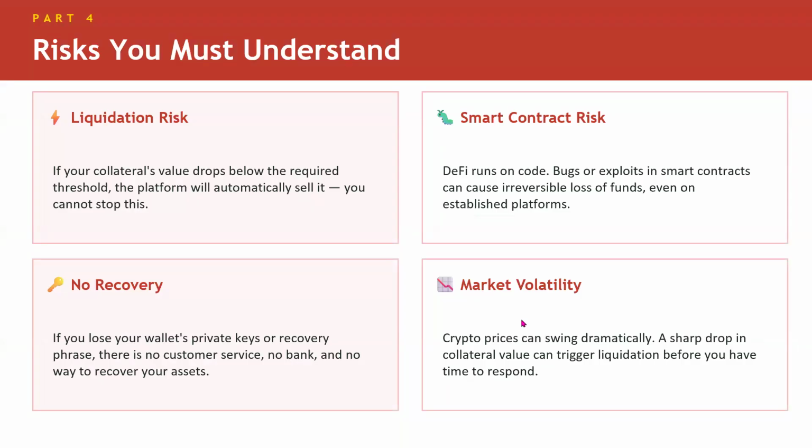Okay, part four. What are the risks? Well, first, liquidation. If your collateral value drops below the required threshold, the platform will automatically sell it. You cannot stop this. Second, smart contract risks. DeFi runs on code, and bugs or exploits in smart contracts can cause irreparable loss of funds and even destabilize the platform.